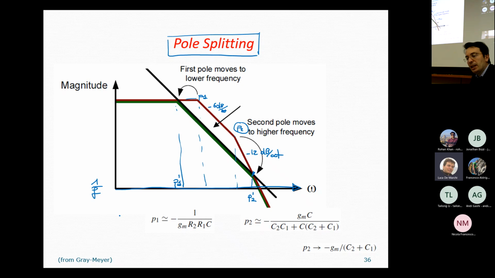This is omega null, so we have to check the distance of the phase curve in correspondence of omega null with respect to the minus 180 degree curve. So in this red case, we have a phase curve which is very close to the minus 180 degree one. So the phase margin is minimal, if not null. Okay.